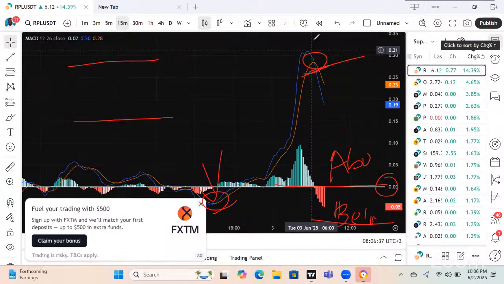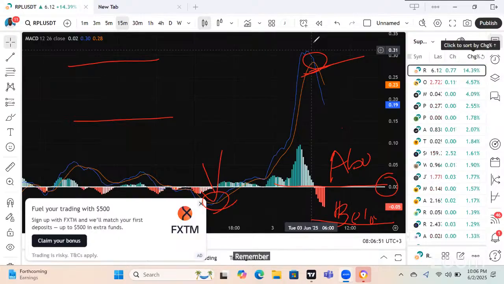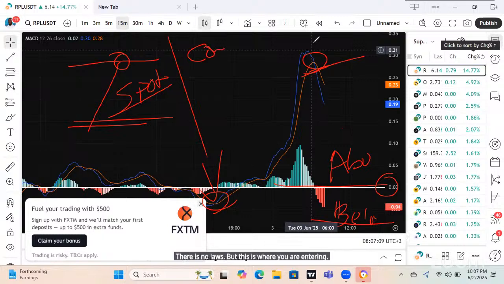So let's understand a martingale robot. What is a martingale robot and why is it very important in your trading approach? Remember, on spot, you are entering the market from here and you want to take profit here. Maybe this could be your spot market. There is no loss. But this side where you are entering, it's a contract.